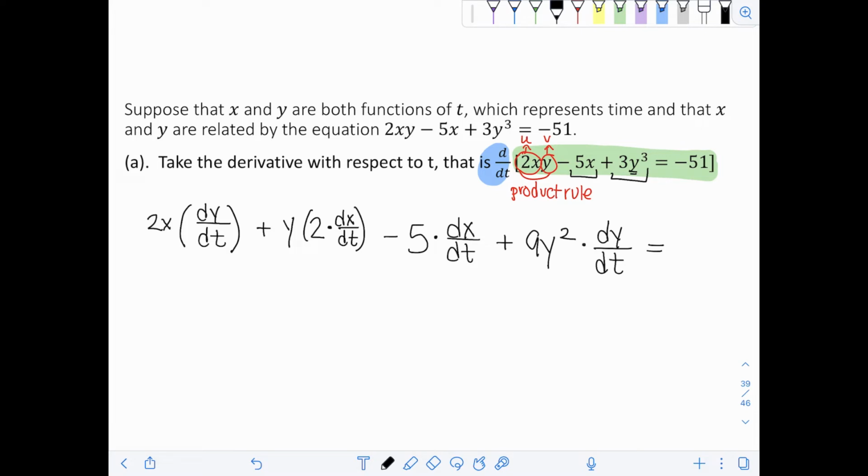It does not matter that it's taking the derivative with respect to time. The derivative of a constant is always 0. So now we've taken the derivative, and we can go ahead and simplify. There's really not too much that I'm going to simplify here, except maybe just getting rid of some of the parentheses.